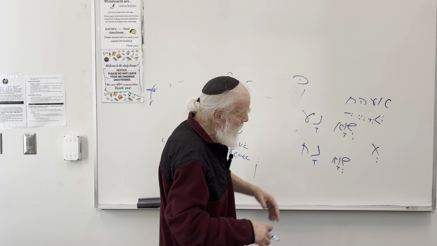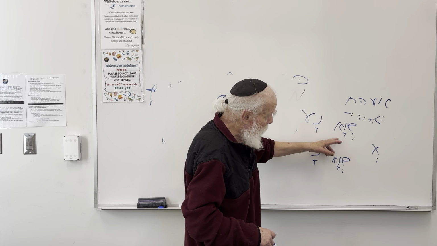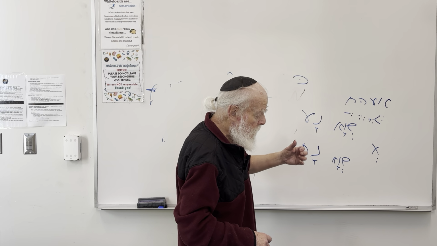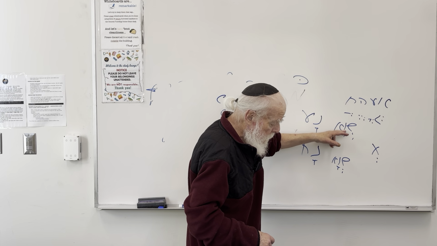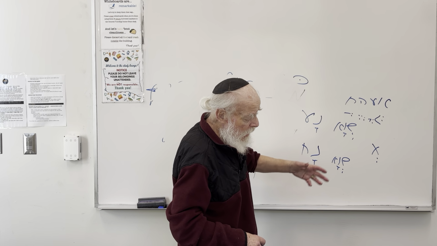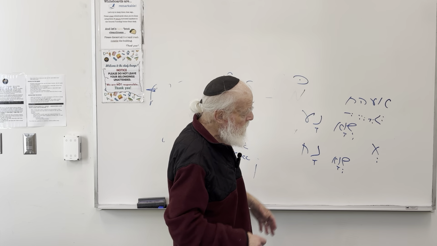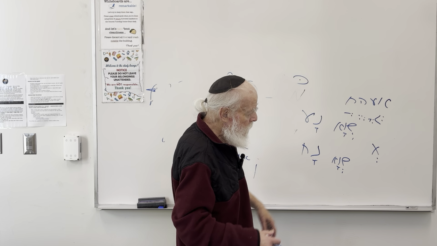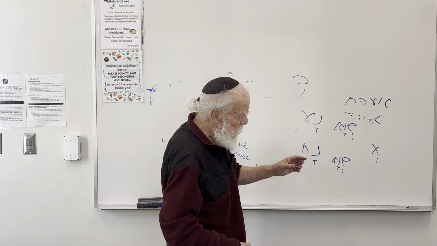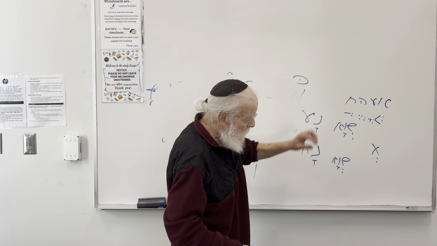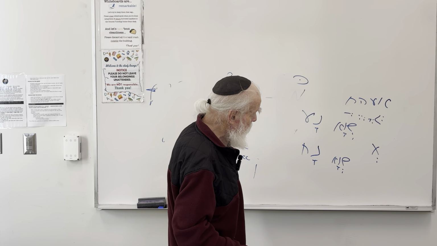On the other hand, there are certain words that precede that word, which depend on the word that follows. And if that's so, it's possible that that shva under the first letter can be seen as a shvanach, the silent shva. But to my knowledge, that normally doesn't occur. We close words that need to be closed by the next word with a dot in the next letter, and that we have yet to see.